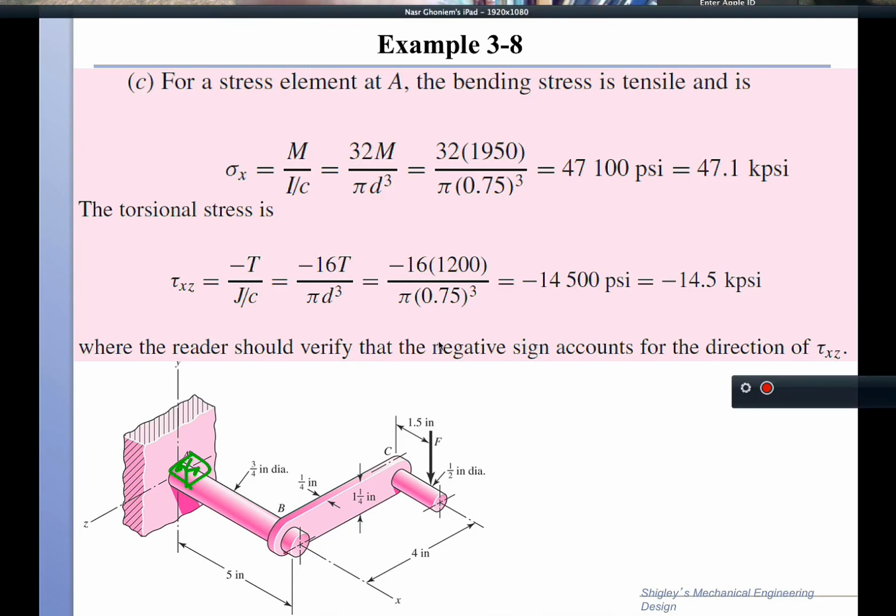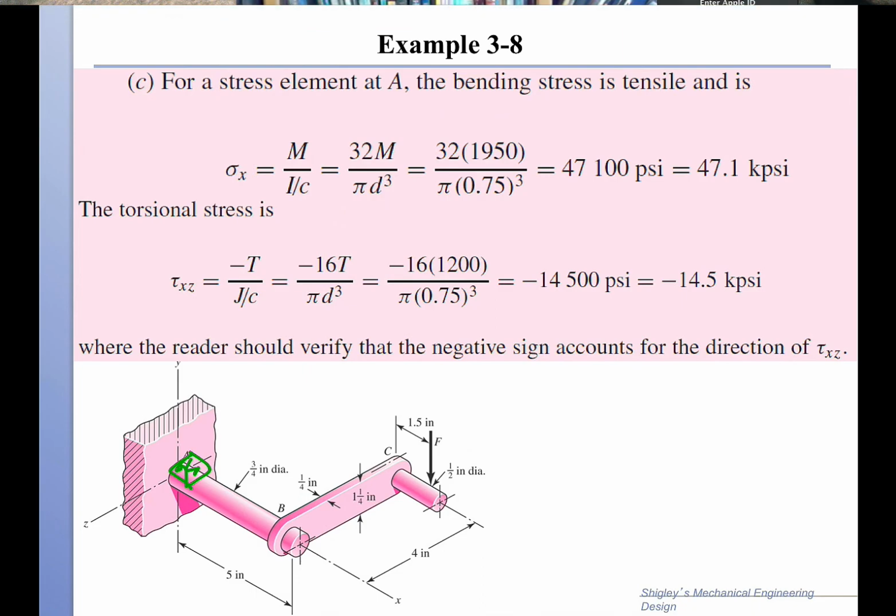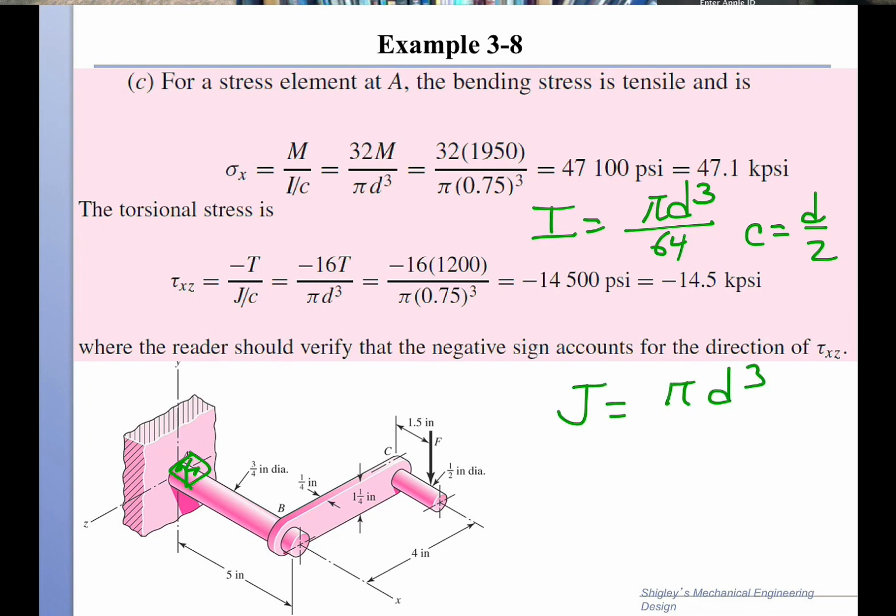The moment of inertia, or the second moment of area, for a round cross section is I equal to pi times d to the power 4 over 64, and C is equal to d over 2. So with these we introduce them here and find the axial stress. J for a round cross section is pi times d to the power 4 over 32.